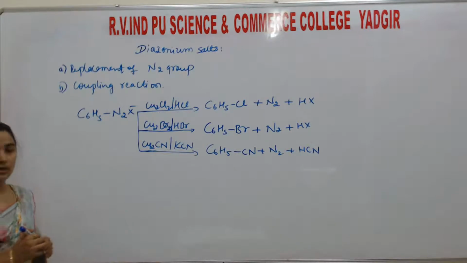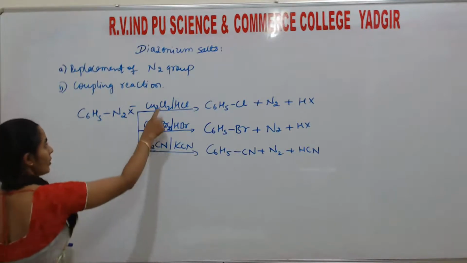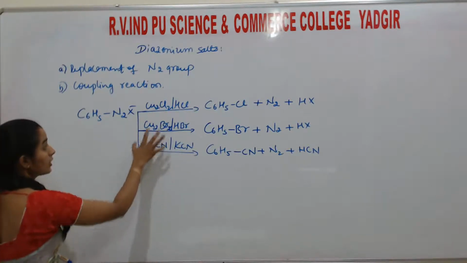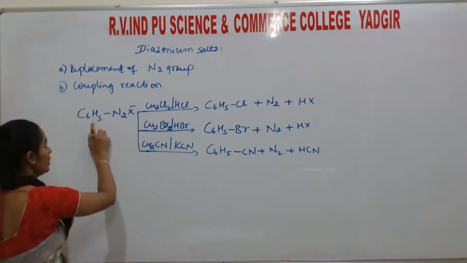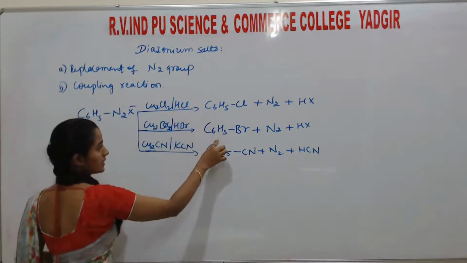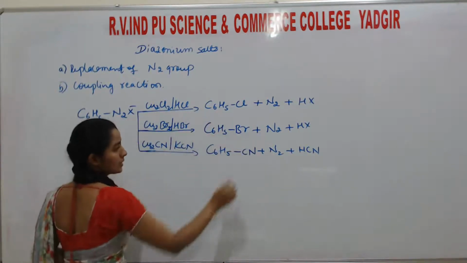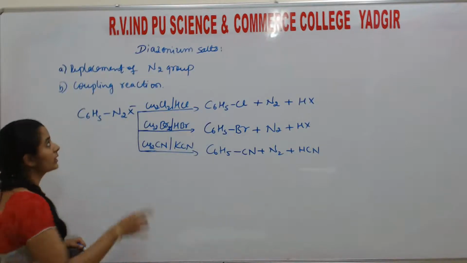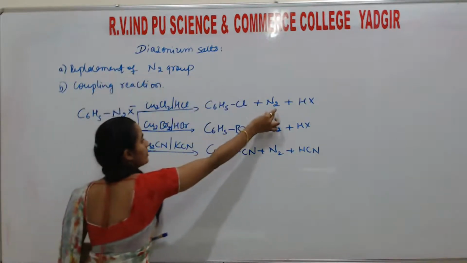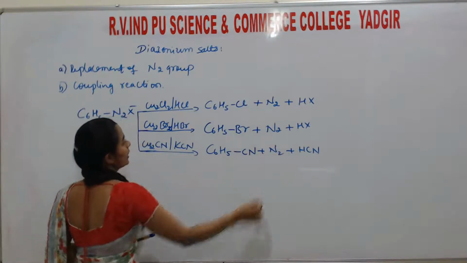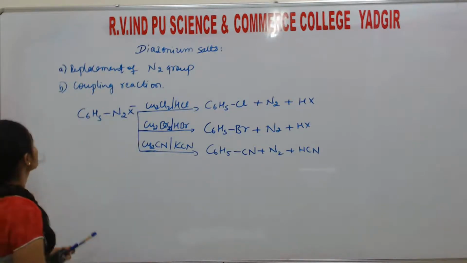Understand? The only thing, students, is that whatever halide or negative group you are taking here is replaced on this C6H5. N2 dissociates. Correct? That's what I am telling here: displacement of N2.